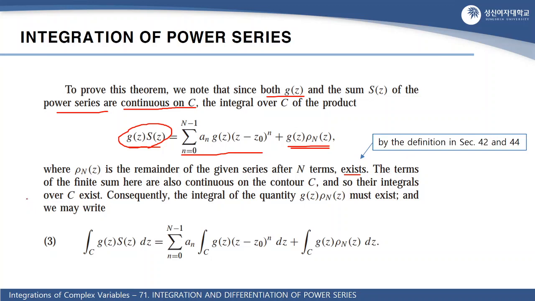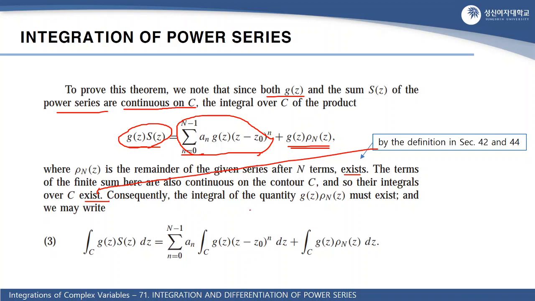The terms of the finite sum, which means the first term here, are also continuous on the contour C. This is a polynomial multiplied by g of z, which is continuous. So their integrals over the contour C exist. This also comes from the definition in sections 42 and 44.